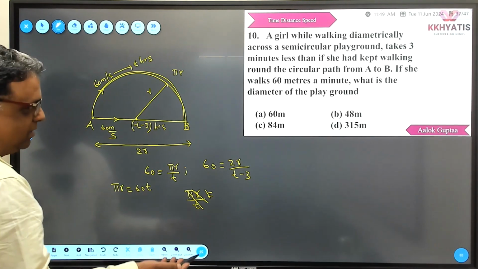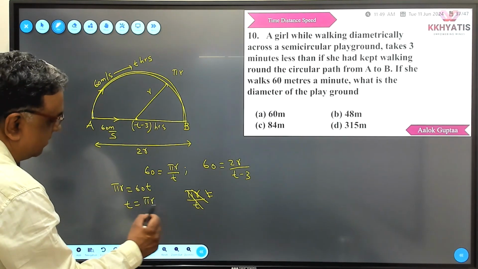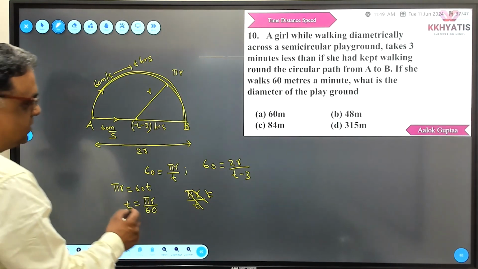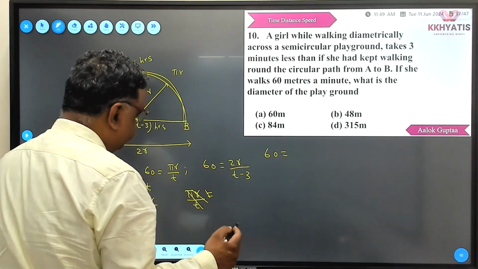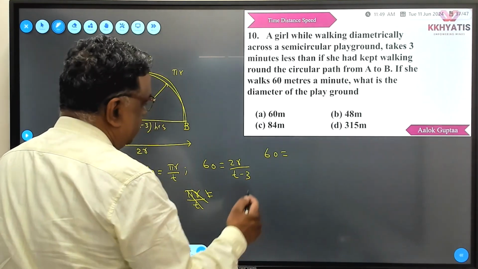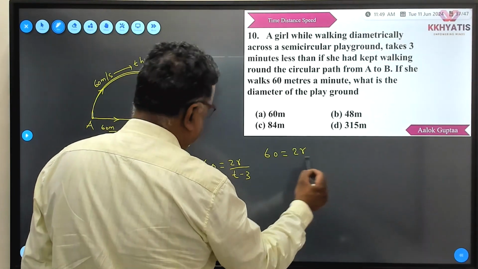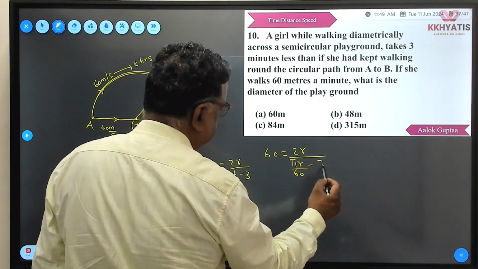I will eliminate t because I have to find r. So t will be pi r upon 60. So this t I will replace here. So this will become 60 equals 2r upon t minus 3, where t is pi r upon 60.